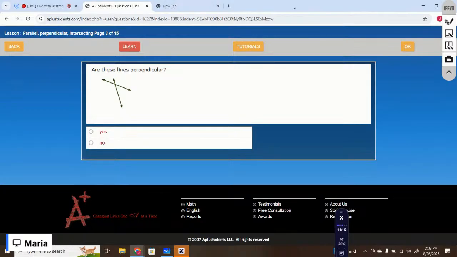No, they are not, they are the intersecting lines. Option number two is the correct option.